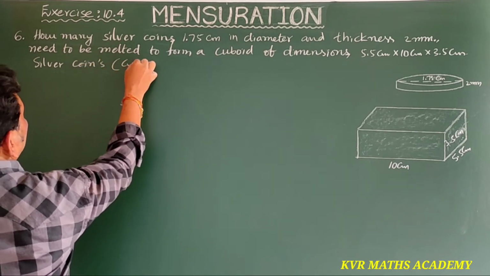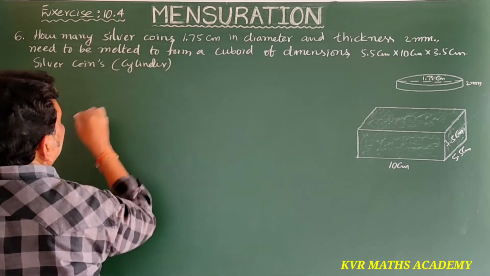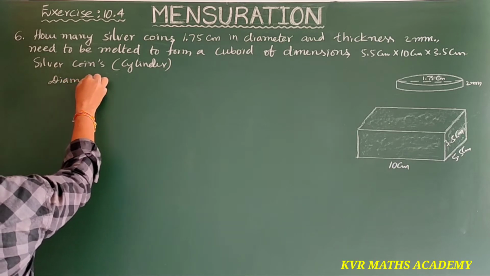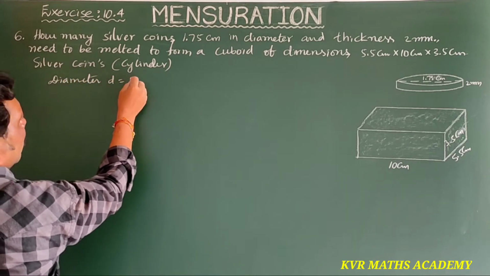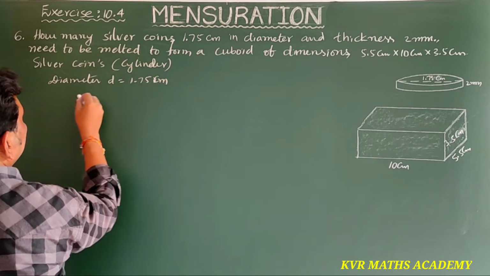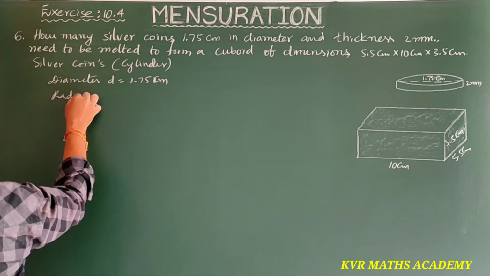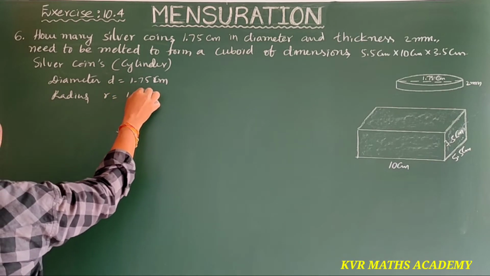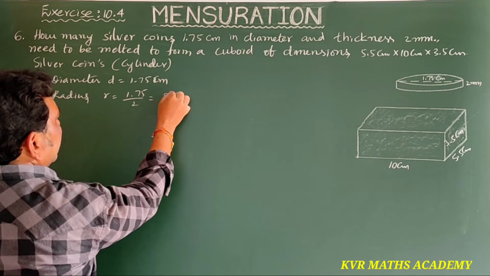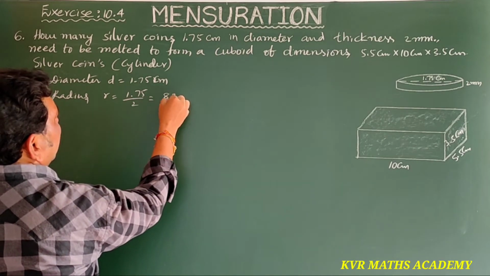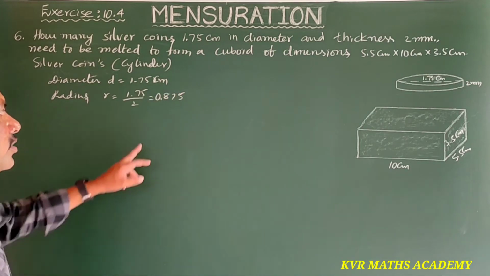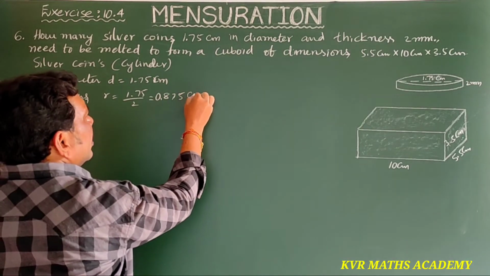So the silver coin is in the shape of a cylinder. Its diameter is given: D is equal to 1.75 centimeters. So its radius r is equal to 1.75 by 2. 2 8s are 16, 2 7s are 14, 2 5s are 10, so 0.875 centimeters.